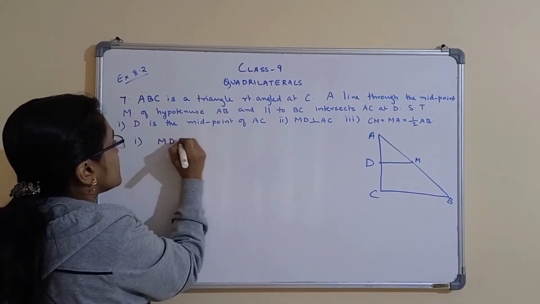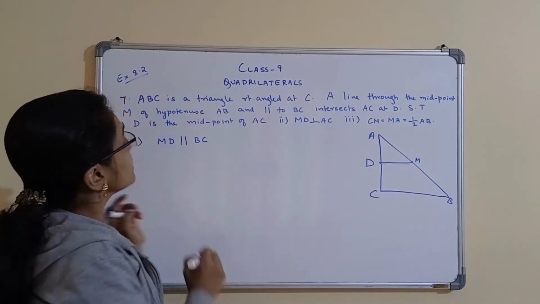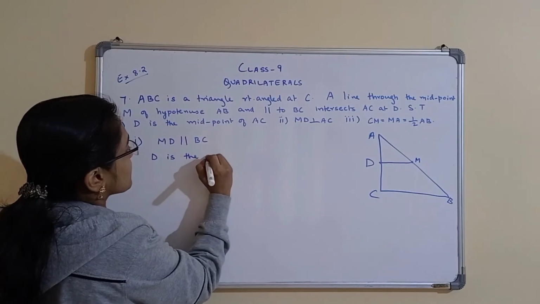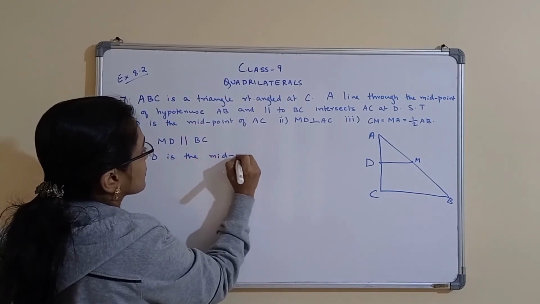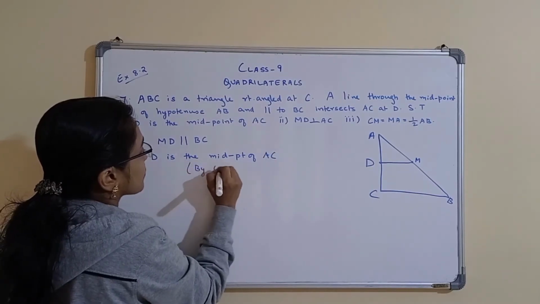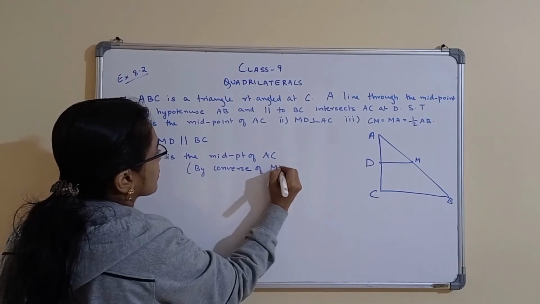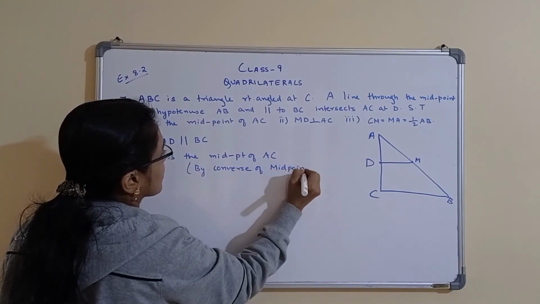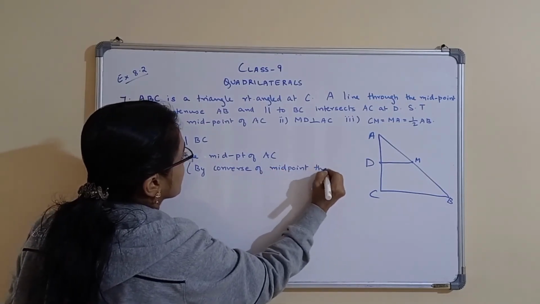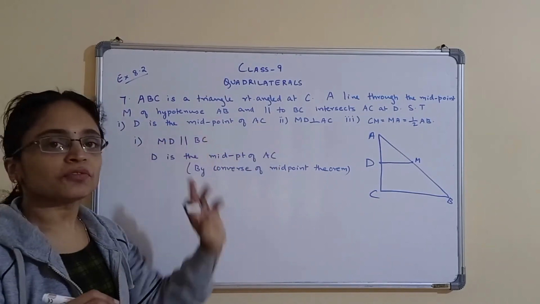So taking triangle ABC, we can say that D is the midpoint of AC by converse of midpoint theorem. Okay, understood. So we have proved the first part.